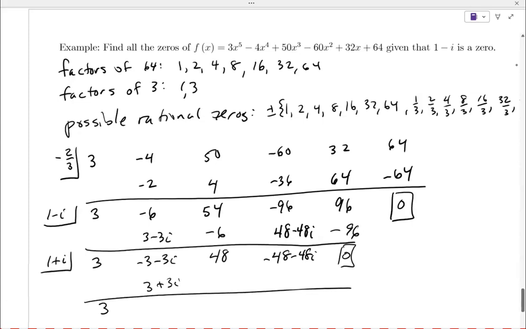When we add down, we get 0, right? That all completely went away, didn't it? Multiply, 0, add, 48, multiply, good, add, 0, which is good, right? We better get 0, correct?